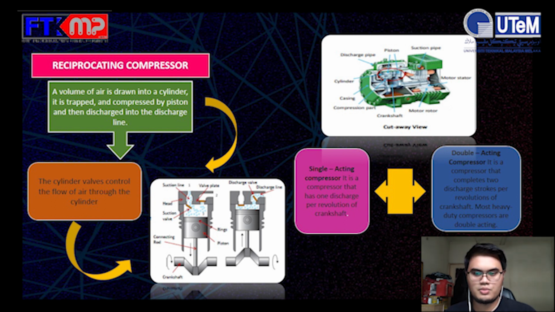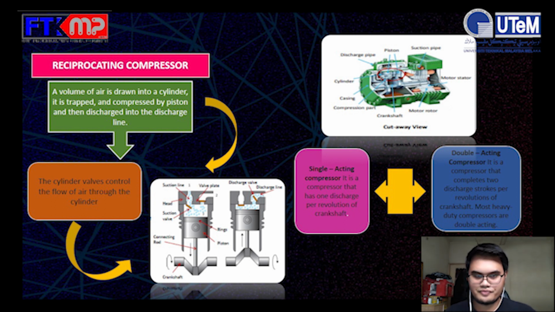Reciprocating compressor working principle. As you can see in the diagram at the bottom, in the reciprocating compressor a volume of air is drawn into the cylinder. It is trapped and compressed by the piston and then discharged into the discharge line. The cylinder valve controls the flow of air through the cylinder.